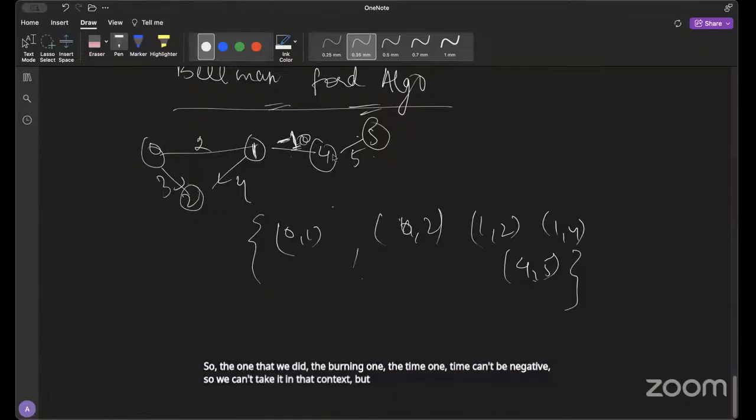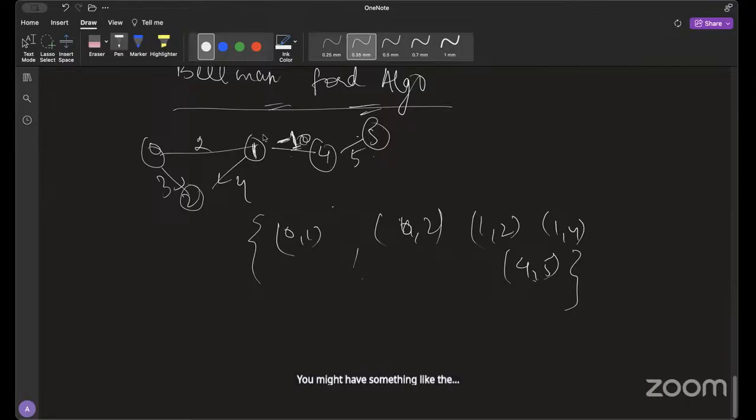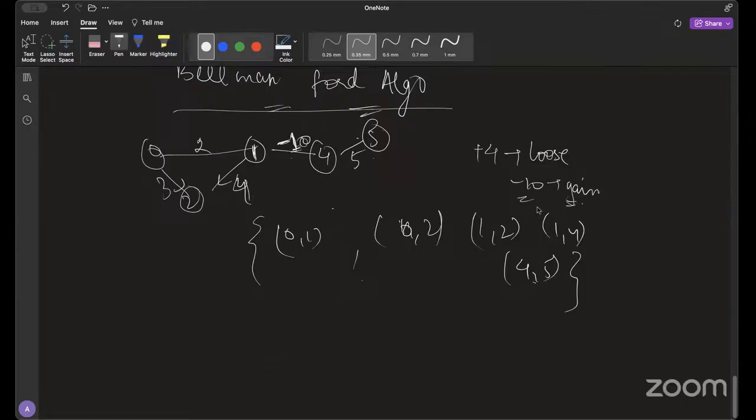But there can be other cases. Let's just say you lose 4 rupees somewhere. So plus 4 represents the amount that you lose, and minus 10 represents the amount that you gain.